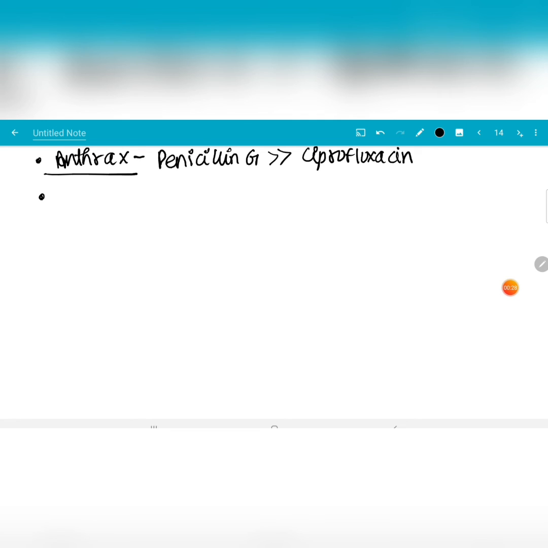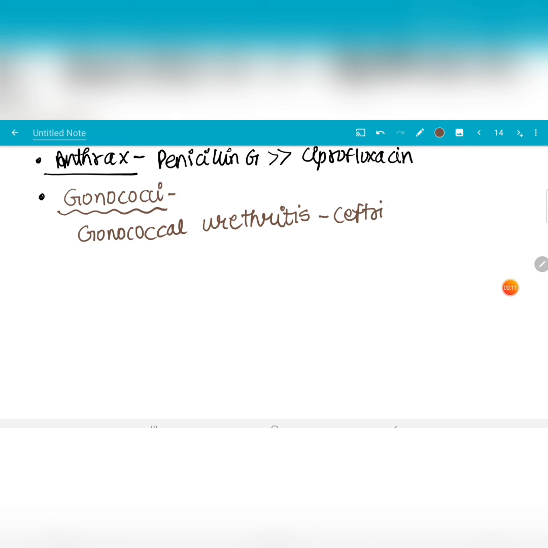The next condition is gonococci, Neisseria. For gonococcal urethritis, the drug of choice is ceftriaxone.